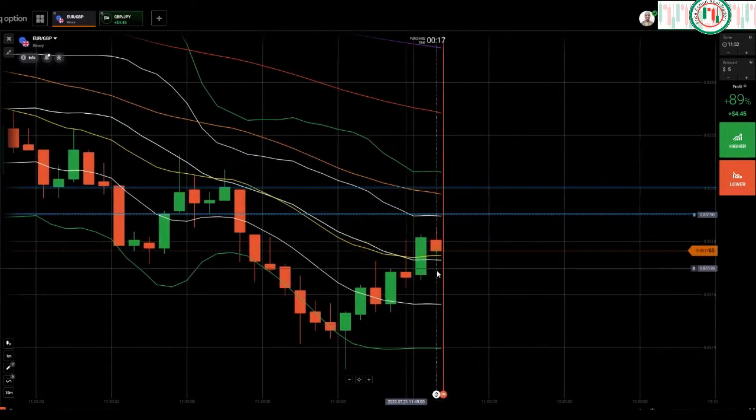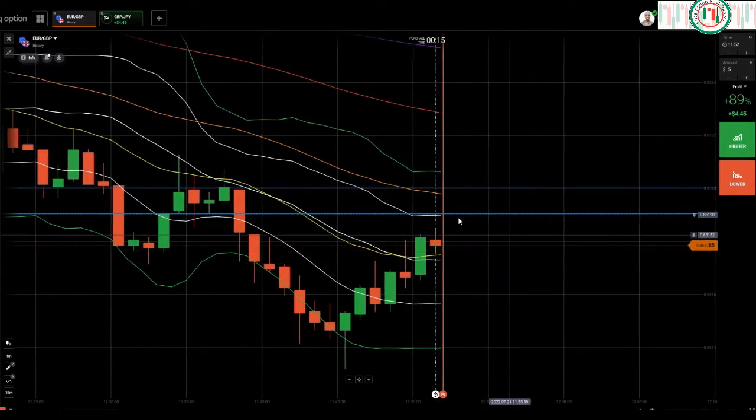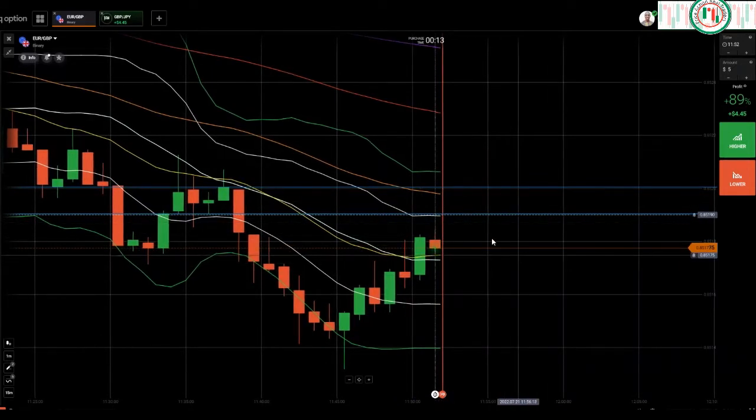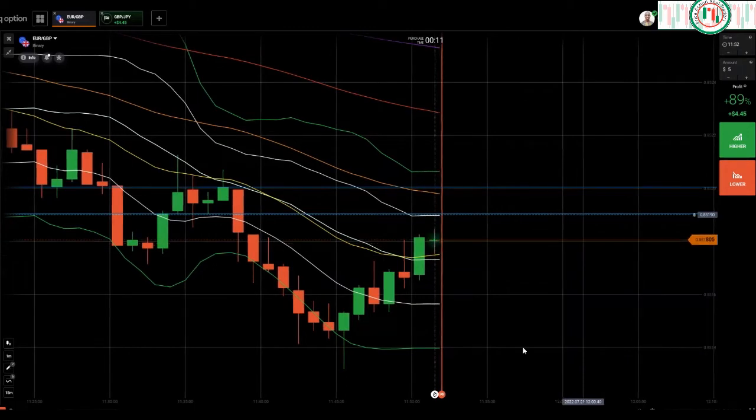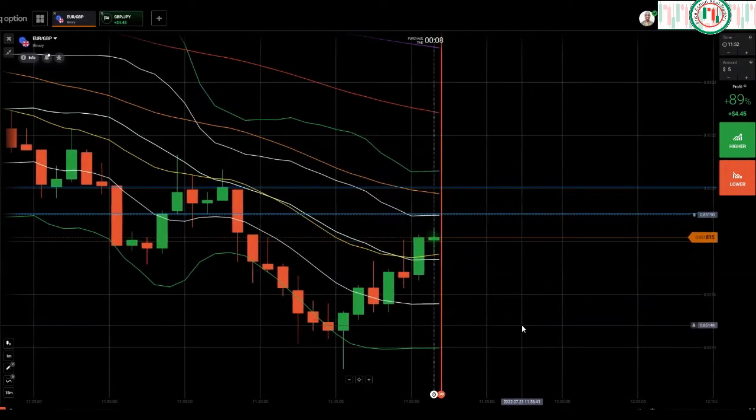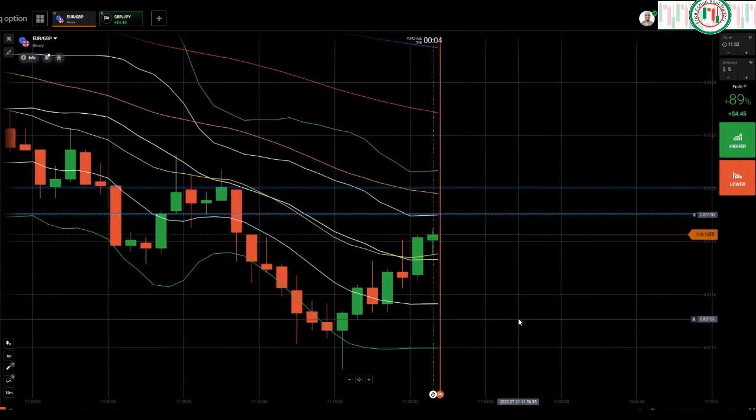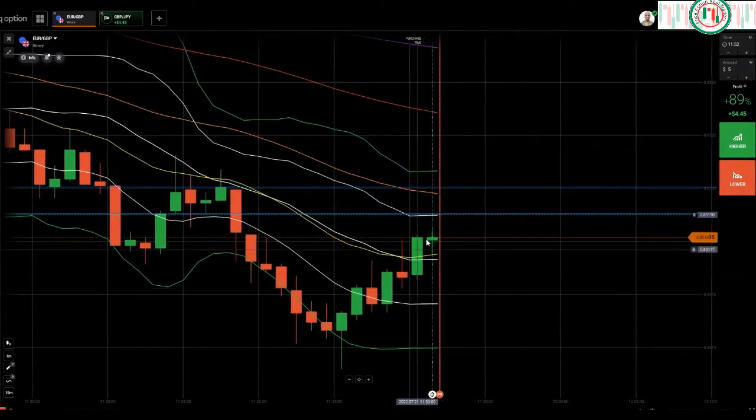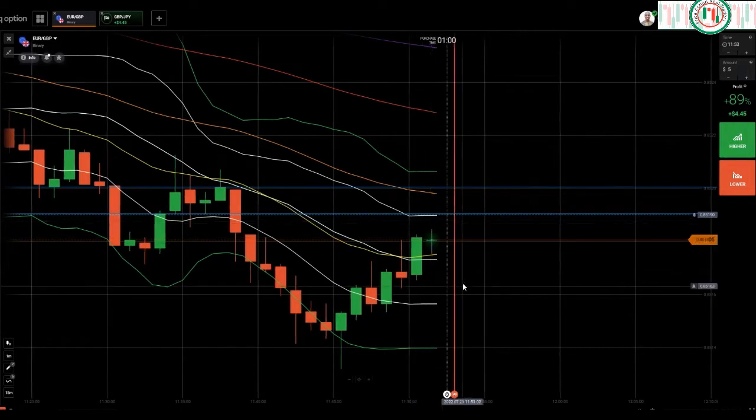Don't take any trade anywhere. Wait for market to reach your target area, then you place your trade. So you see market is trying to go up.